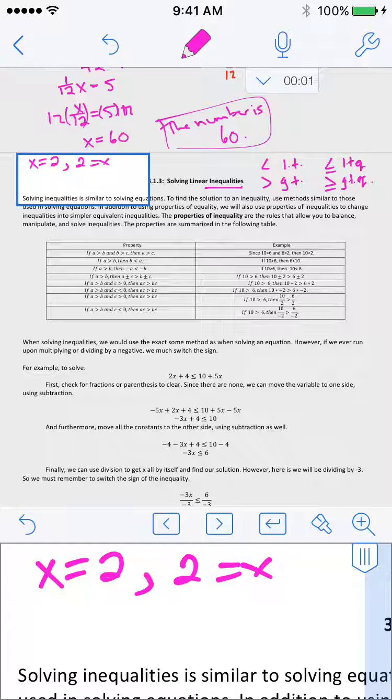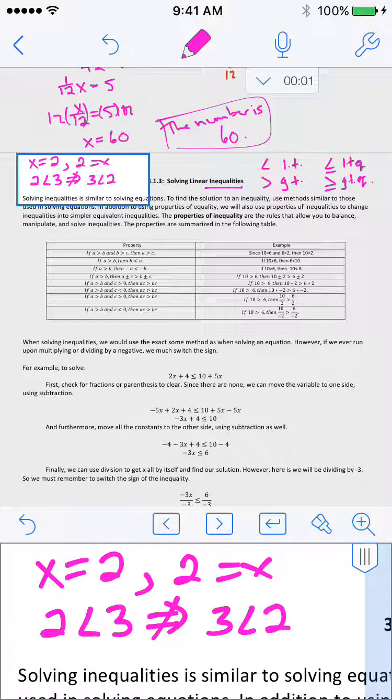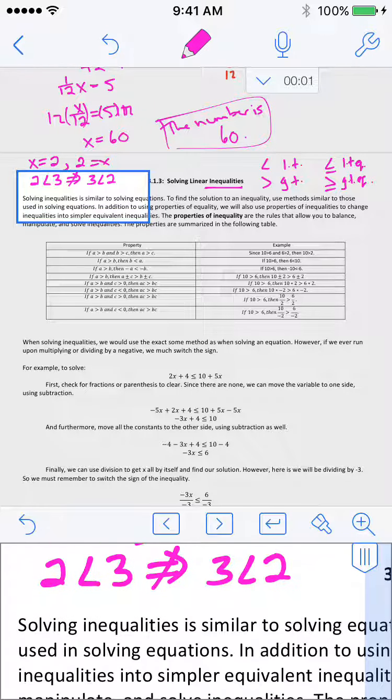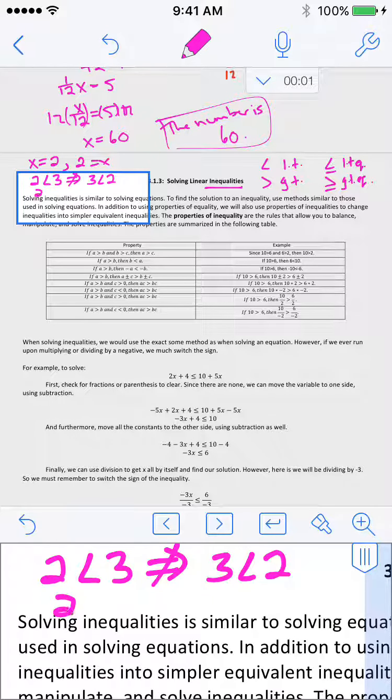However, 2 less than 3 is not the same thing as 3 less than 2, because one of those is a true statement, the other one is not. 2 is less than 3, but 3 is not less than 2, so you cannot use the symmetric property the same way. 2 less than 3 would be the same thing as 3 greater than 2. You are welcome to switch them, but you also have to switch the sign. That's a very important note when it comes to the symmetric property.